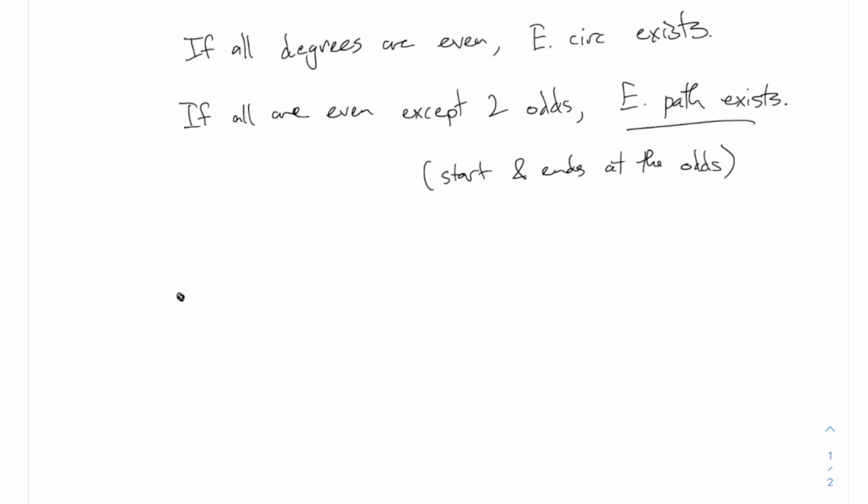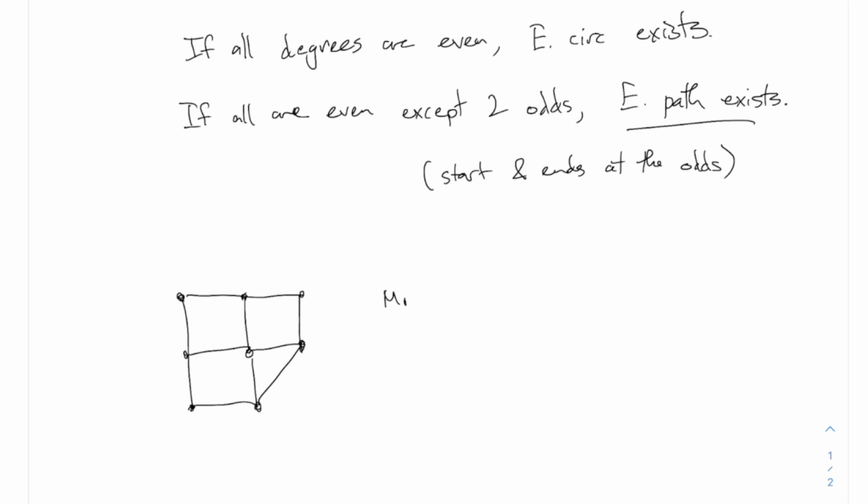How about I got a graph like this. All right, let's say these are like streets in a little neighborhood. Streets in the neighborhood, right? And let's say that we want to plow the streets.